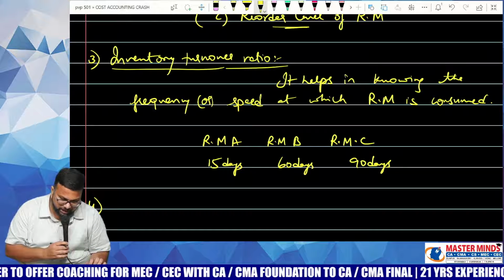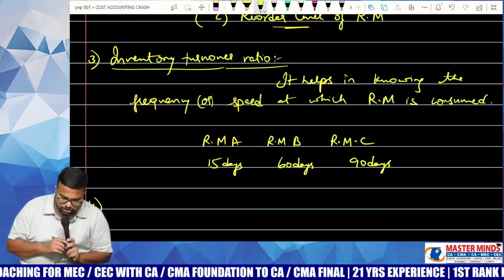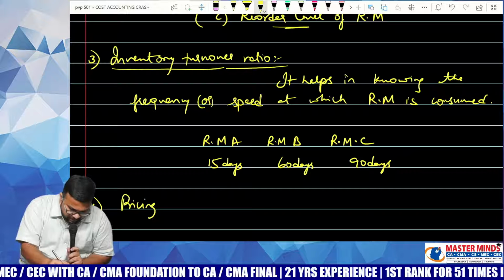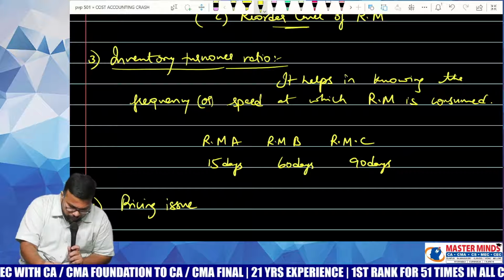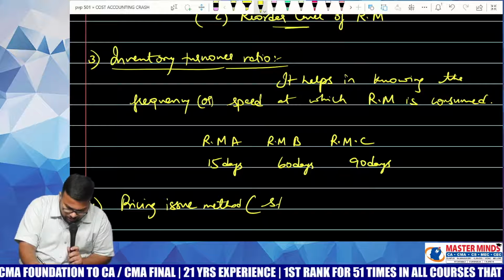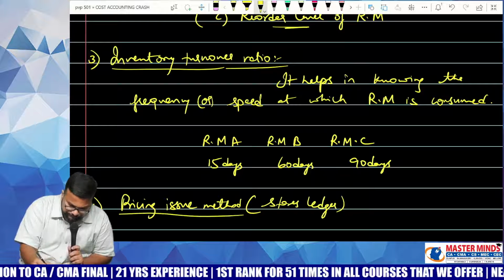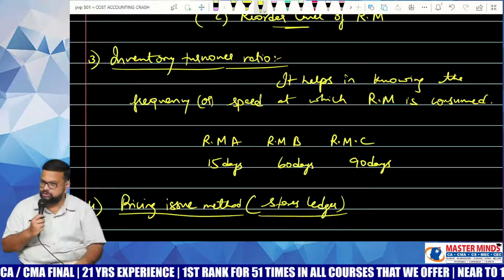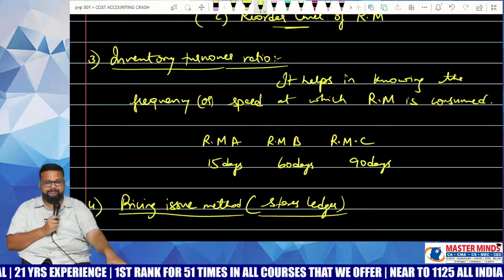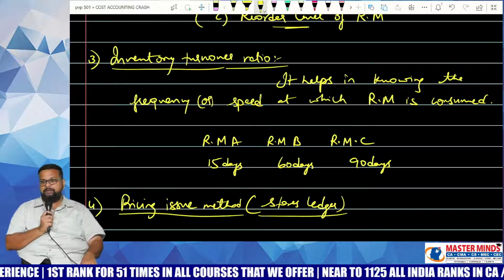The fourth technique is stores ledger. Stores ledger is nothing but the pricing, issue, method, which is also called stores ledger. We all know what a stores ledger is. The stores ledger is maintained by the stores department.